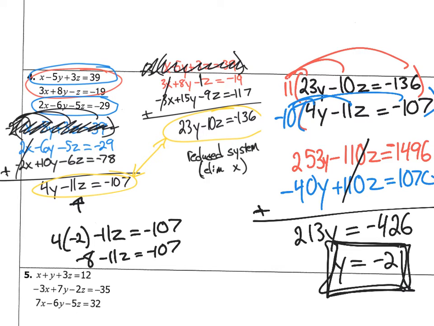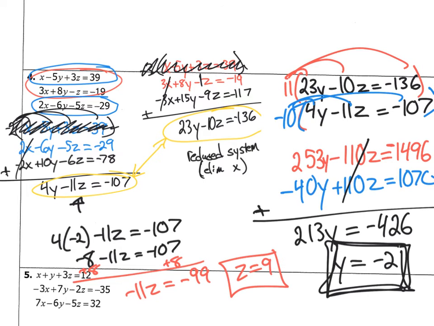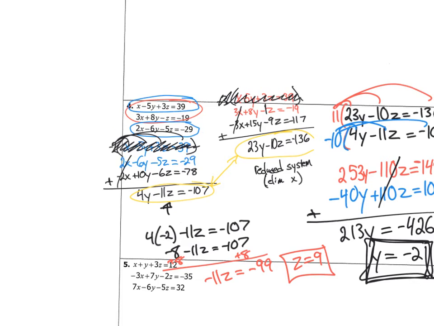So if I add 8 to both sides, I would get negative 11z equals negative 99. So my z is going to be a positive 9 if I divide by negative 11 on both sides.